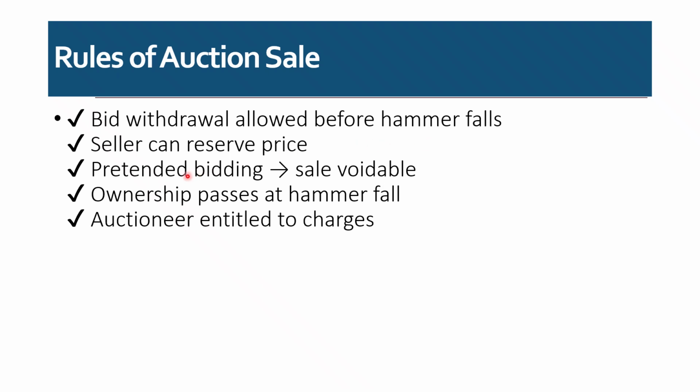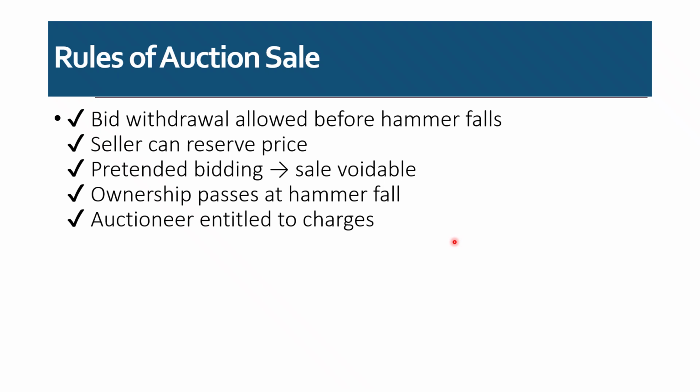Then is pretended bidding, or sale voidable. If a seller uses fake bidders to increase the price artificially, the sale becomes voidable at the option of the buyer. Then is sale in lots. Again, we had already talked about it. Each lot in an auction is treated as a separate sale with separate ownership transfer.